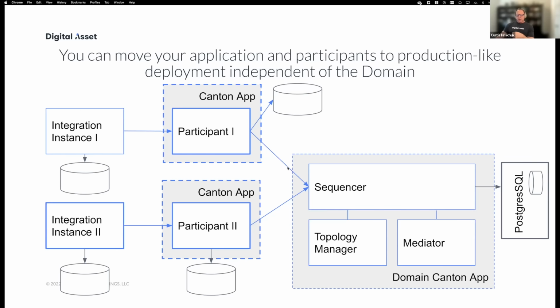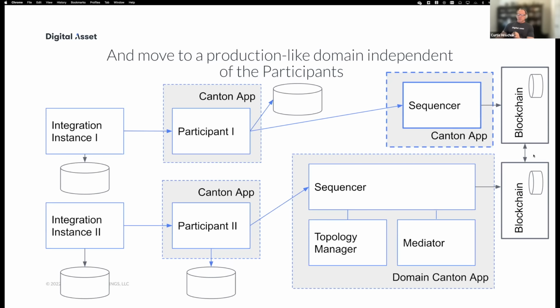For example, here you can move to a more production-like environment where some nodes run in their own Canton application. You have a SQL domain that can be constructed, and you can use multiple application instances connected to their own participant node. And of course, you can build this out into a blockchain domain for validation or staging.